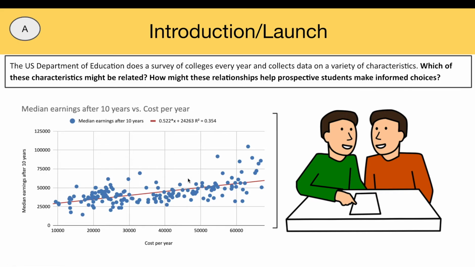So there is not a strong correlation here between cost per year and median earnings. At certain points you could have a cost per year of $60,000, and look at all the different amounts of earnings that are around that $60,000 cost. You don't get to $60,000 and just know you're going to have higher earnings.